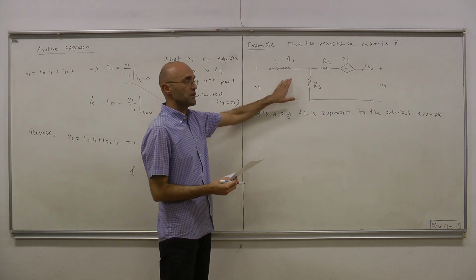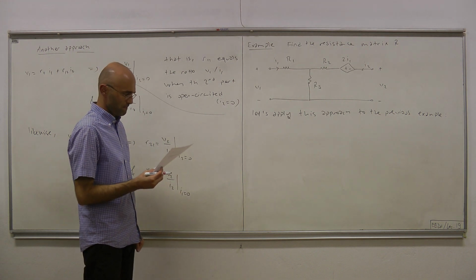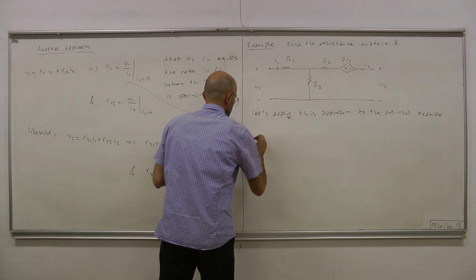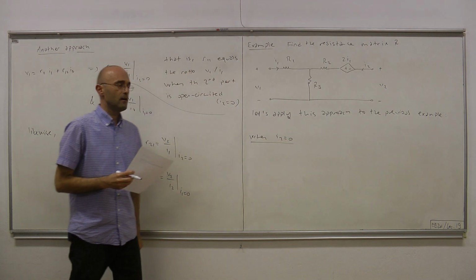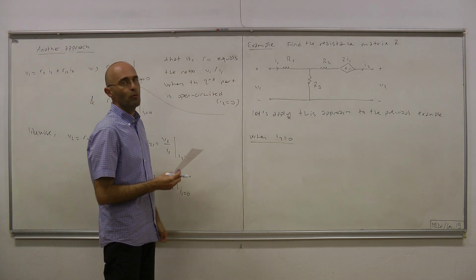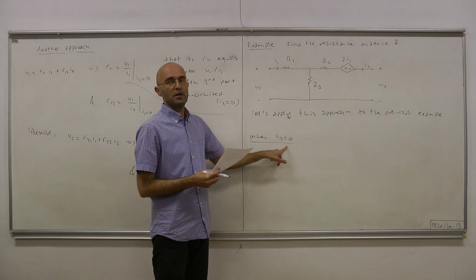And the circuit for the previous example is here. So let the second port be open circuit. That is, let I2 equals 0.